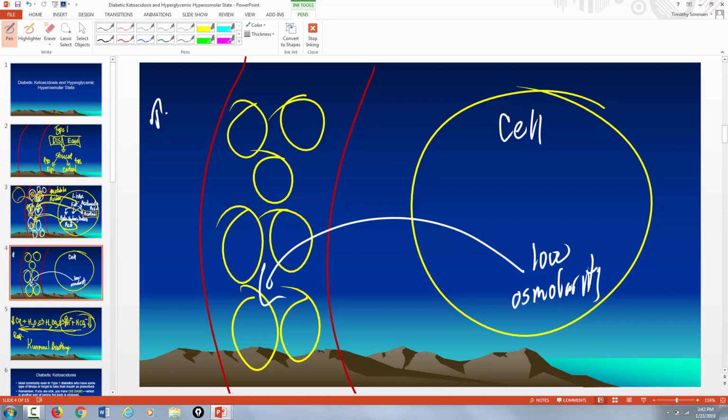And anytime you increase your blood volume, you increase your blood pressure. And that makes you pee more, right? So they're going to be peeing out a lot of glucose, but they're also going to be peeing out electrolytes, right? They're going to be peeing out sodium, they're going to be peeing out potassium, magnesium, the whole 9 yards.